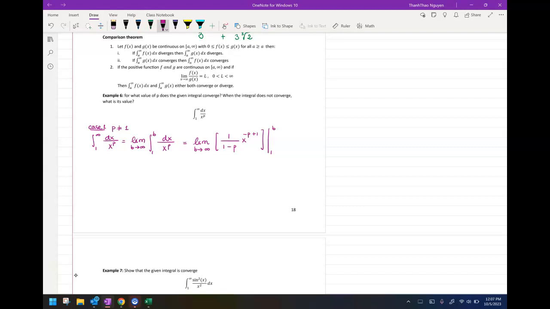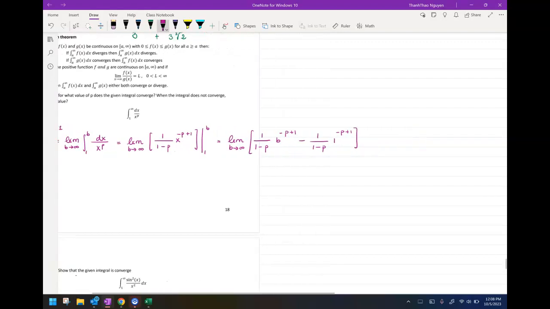And this is equal to the limit as b approaches infinity of 1 over (1 minus p) times b to the (negative p plus 1), minus 1 over (1 minus p) times 1 to the (negative p plus 1).